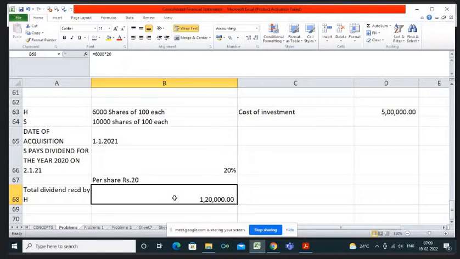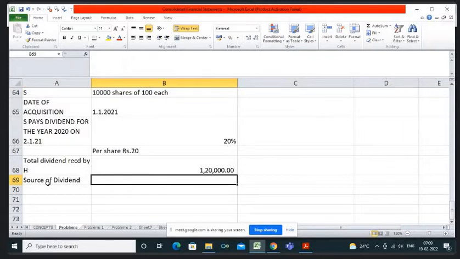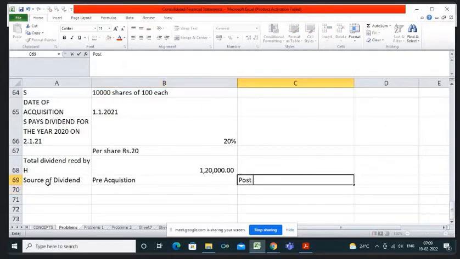We have to see what is the source of dividend. Source of dividend is the question. From which money is the subsidiary able to pay this dividend? We have to see whether it is pre-acquisition or post-acquisition.